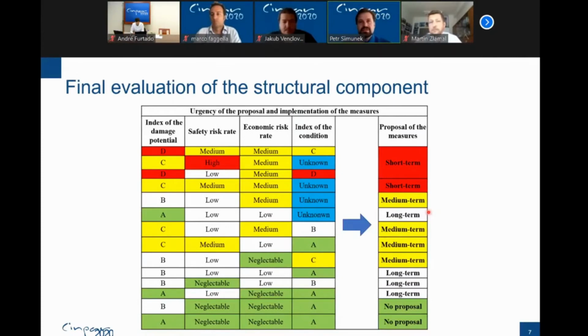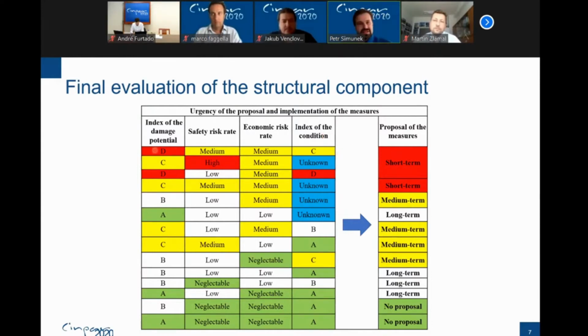And with knowledge of all these things, the final assessment is performed using a combination of damage potential, safety risk rate, economic risk rate, and index of the condition. The final evaluation is done with the combination of these four information parts.